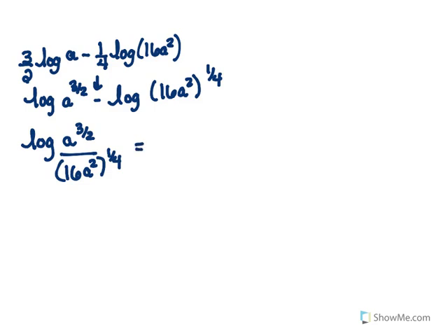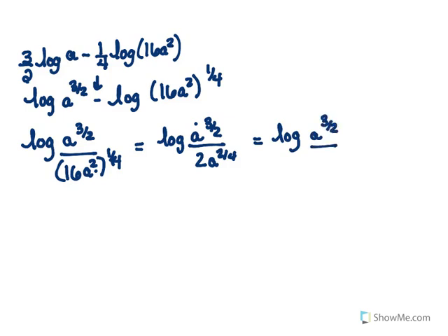So this is equal to log of a to the 3/2 divided by 2a to the 2/4. And how did I do that? Remember, I did 2 times 1/4. Okay, now let's reduce that. Because 2/4 is equal to what, guys? 1/2, right? So I have log of a to the 3/2 divided by 2a to the 1/2.